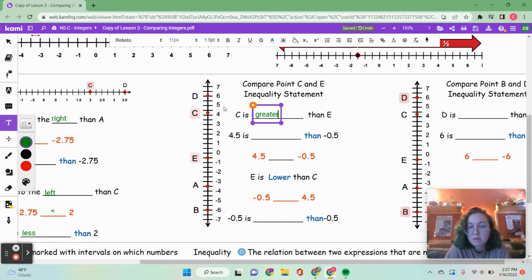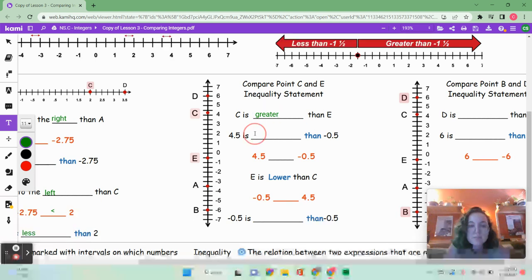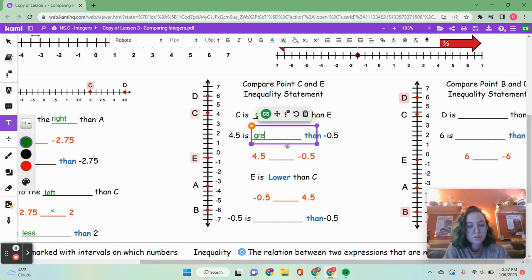So ones that are more positive are going to be greater than ones that are more negative. So that means that C is greater than E, so +4.5 is greater than -0.5, because C represents 4.5 and E represents -0.5.